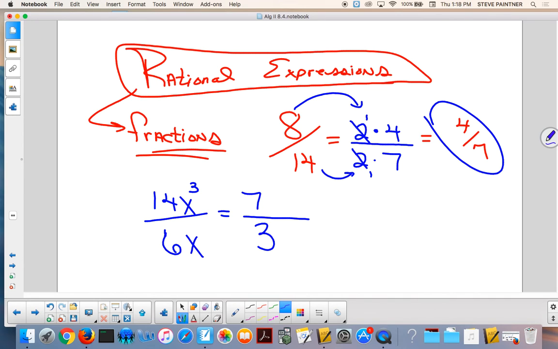Tell me something about the variables, x over x. Yeah, you cancel out. Remember our exponent rules? X to the third over x to the first. What's the rule? Subtract. Yeah. 3 minus 1. X what? Where? Top, bottom? Top. Okay. This becomes the answer today on your assignment right there.